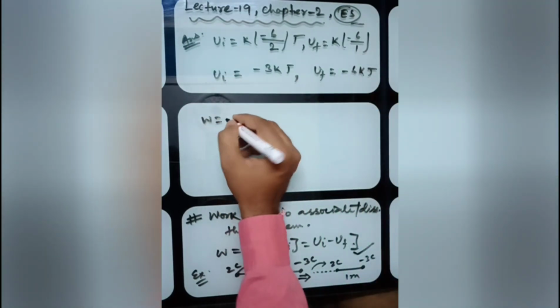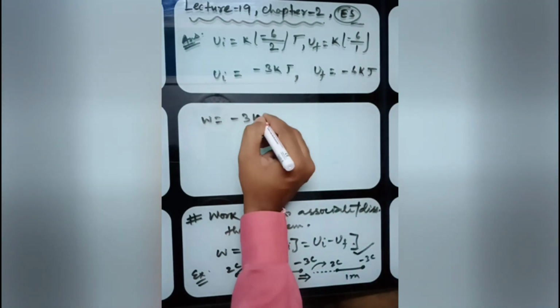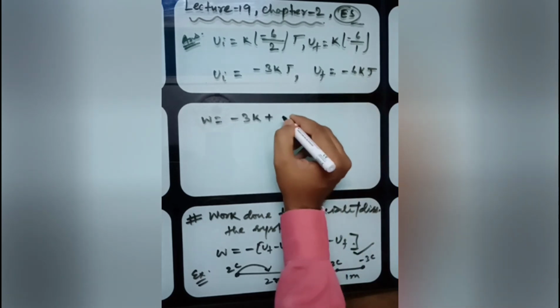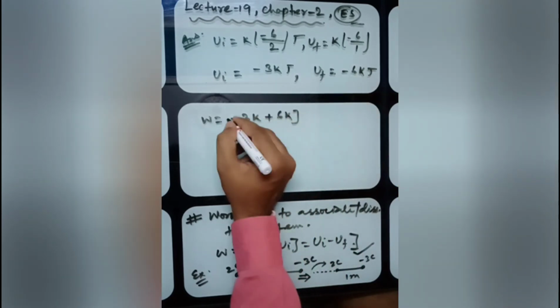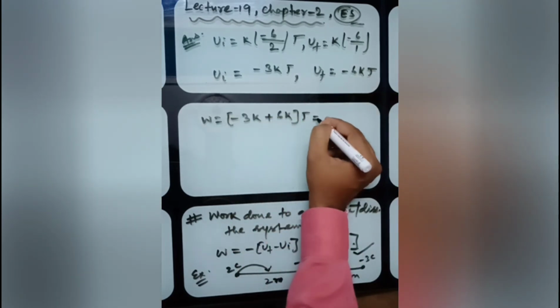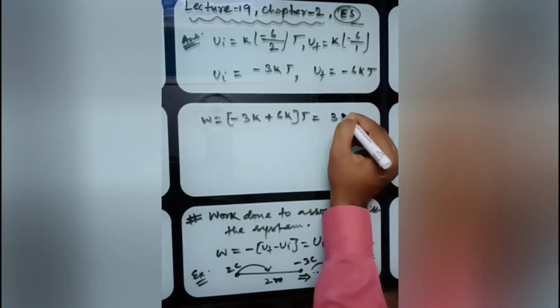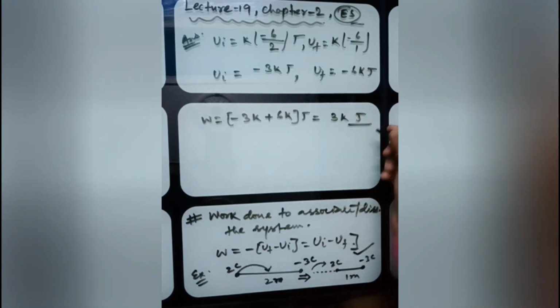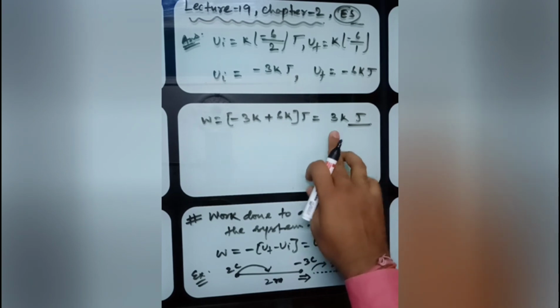So the work done is U initial minus U final. How much is it? It is 3K joule, and 3K joule positive means work is done by the system.